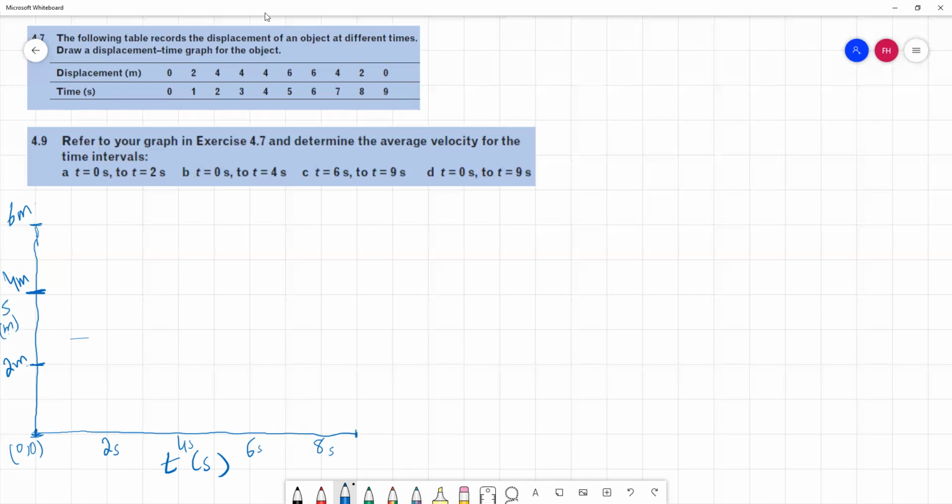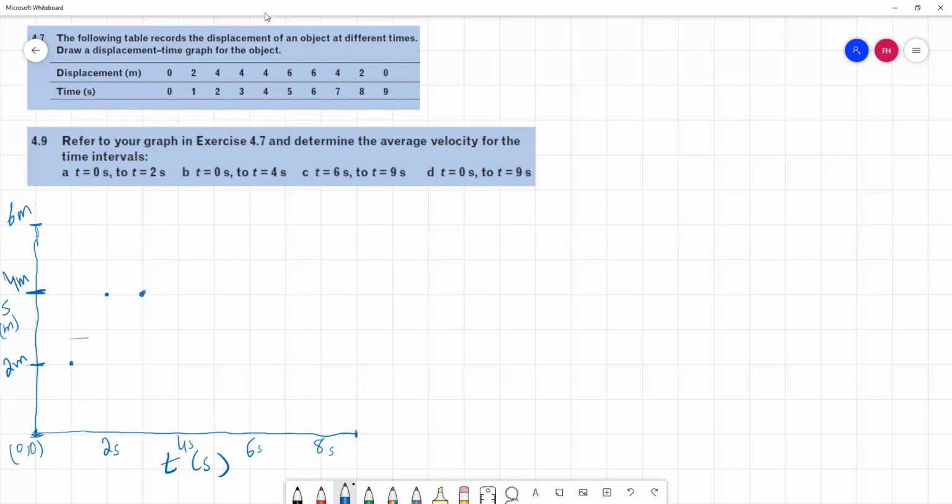Then you have 1 and 2. This is the second point. Then you have 2 and 4. This is here. Then you have 3 and 4. 3 and 4 is here. Then you have 4 and 4.